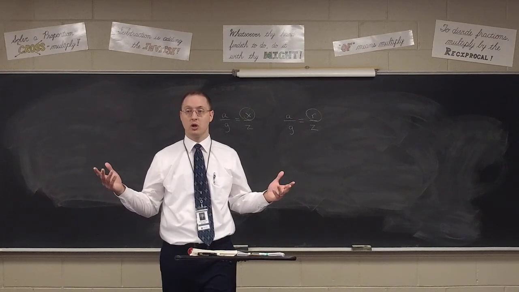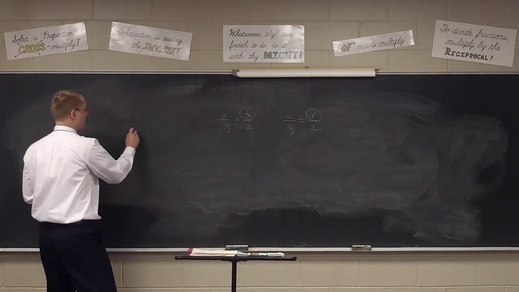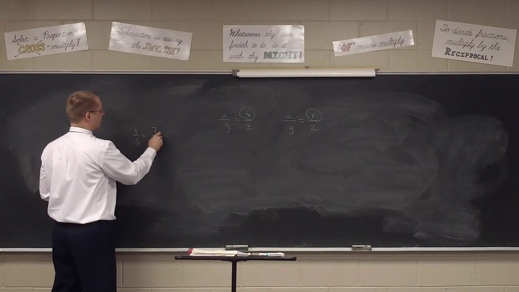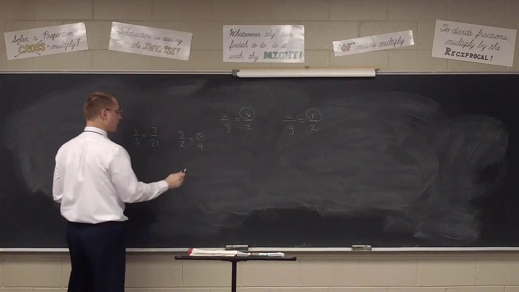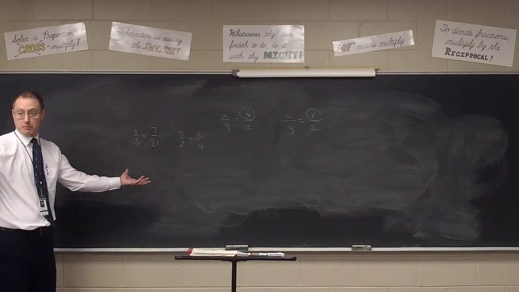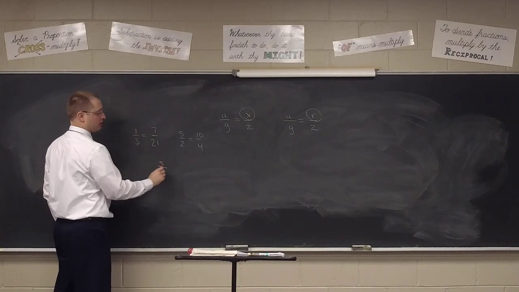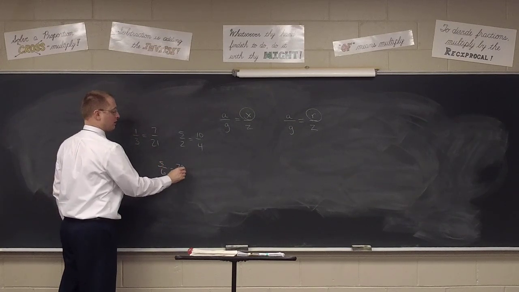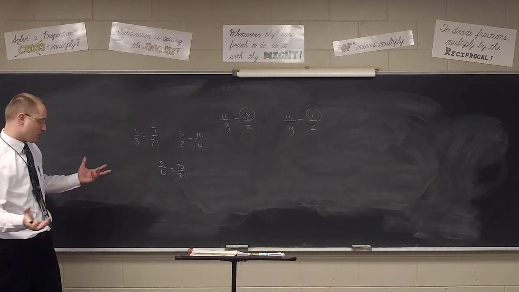Corresponding terms. The products of the corresponding terms. So again, if we've got 1 is to 3 as 7 is to 21, and 5 is to 2 as 10 is to 4, what true proportion could we make from that? Back to Audrey. 5 is to 6 as 70 is to 84. There we go. 5 is to 6 is 70 is to 84.